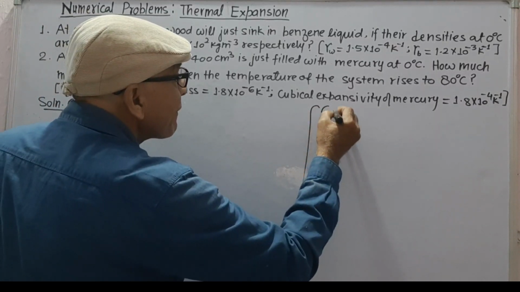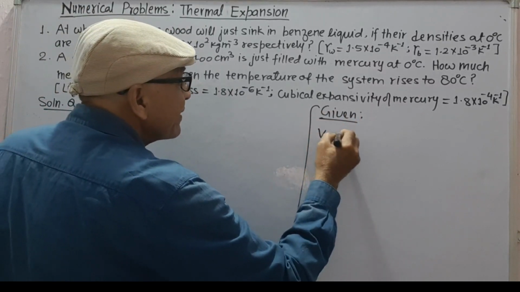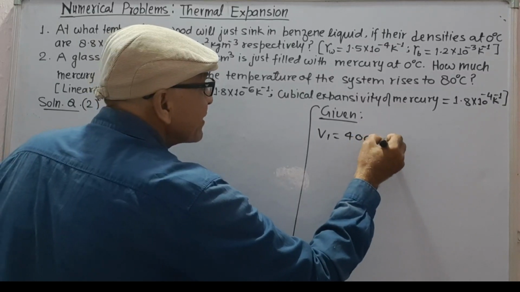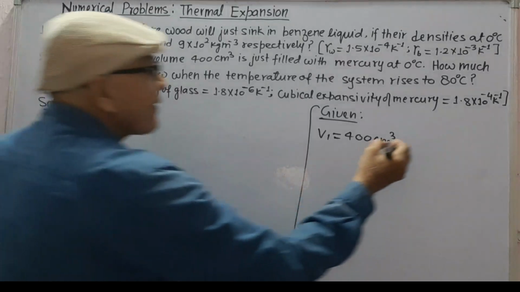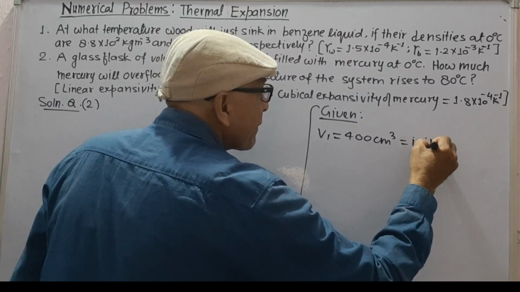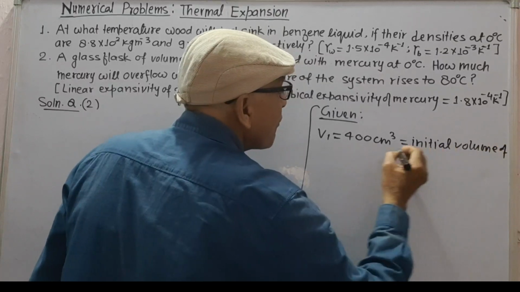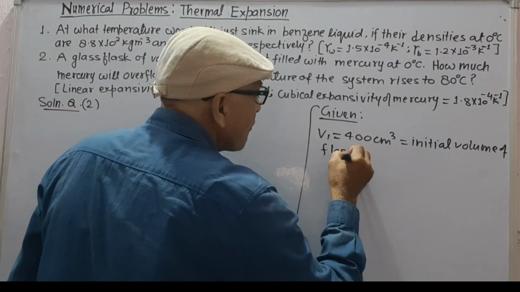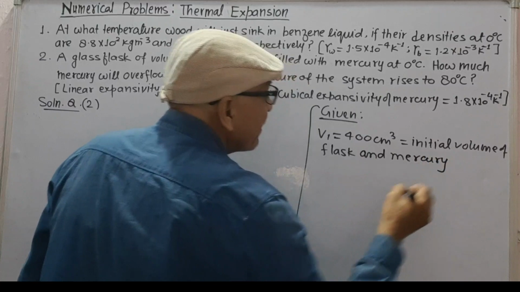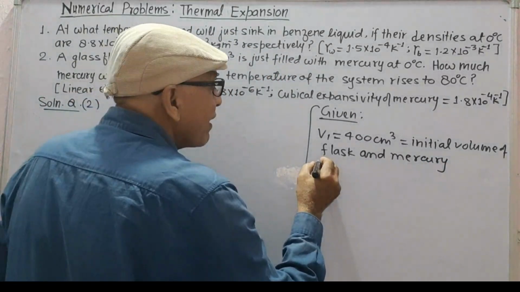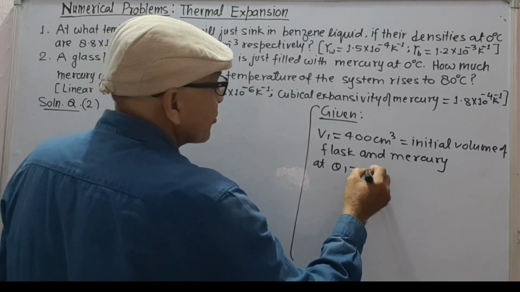Given, V1 is equal to 400 cm cube, the initial volume of flask and mercury at temperature theta 1 is equal to 0 degree Celsius.